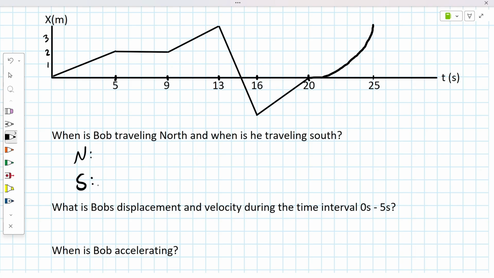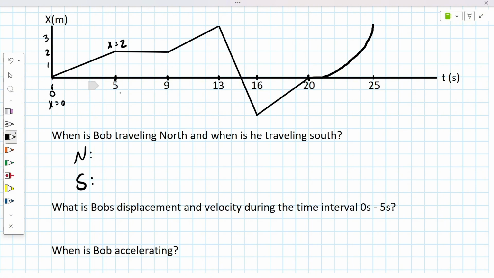If we think about what we're looking at here, this is a position graph. So let's take this first segment from time 0 to time 5. At the initial point, the position is x equals 0, and at the final point, x equals 2, which means during this interval, Bob is traveling towards the positive direction.